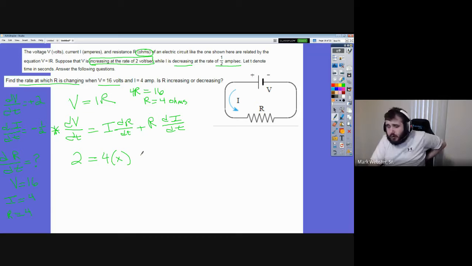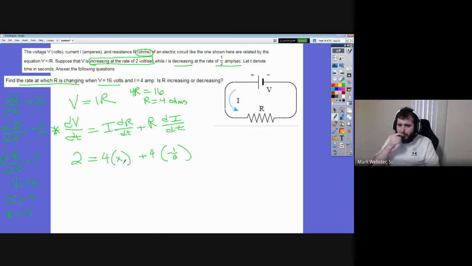Okay? You don't have to. You can either leave it as dr/dt, or you can choose any sort of token variable that you like, as long as it doesn't confuse you. I don't care. It's all good. What's r? That's 4. What's di/dt? That's -1/2.